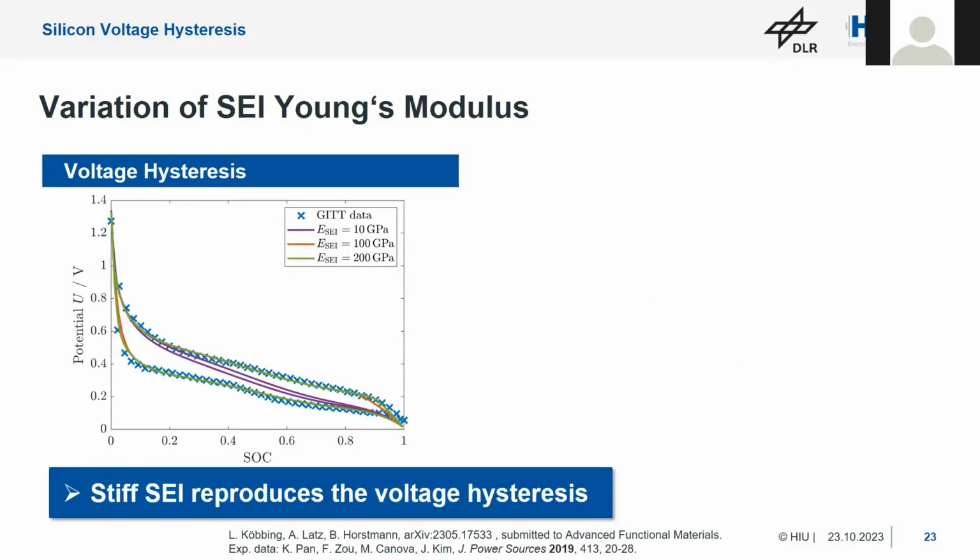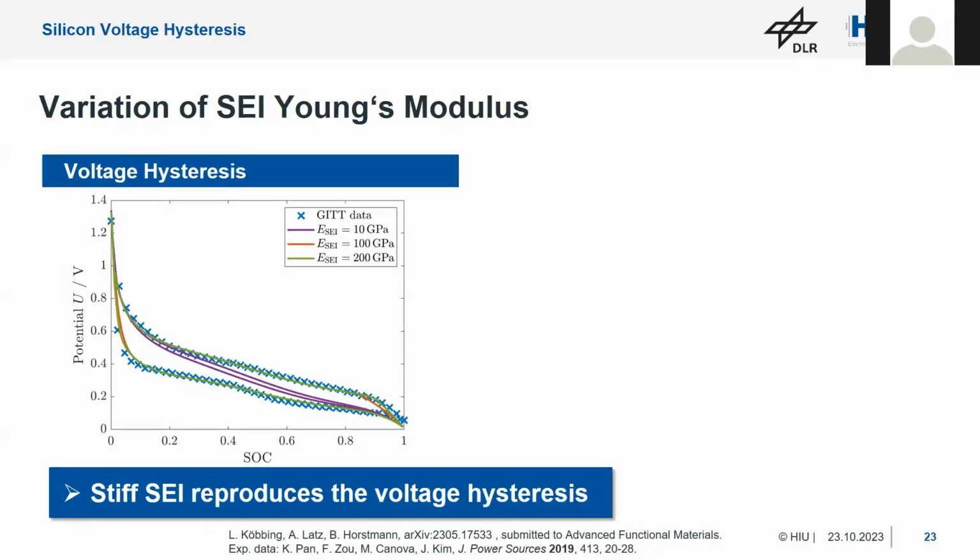And now it's important to look at what the parameters are for this model. And we use the SEI modulus of 100 gigapascal, which is the red curve. So that's important. If the SEI modulus is 10 gigapascal, then this model doesn't work. And the 100 gigapascal are sometimes discussed in the literature. So some measurements of the SEI elastic modulus find values in the range of 10 to 50 gigapascal.